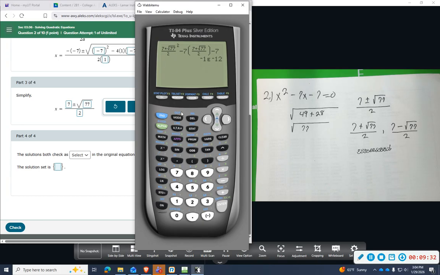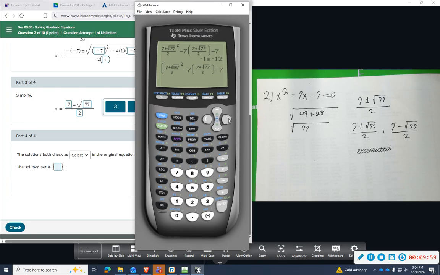Now, since I got that, I'm going to hit second enter, and I'm going to do the same thing, except this time I'm going to put a minus in between. And if I'm thinking about the way this calculator is working, oh, maybe because I didn't have parentheses around this, it might have done something different.